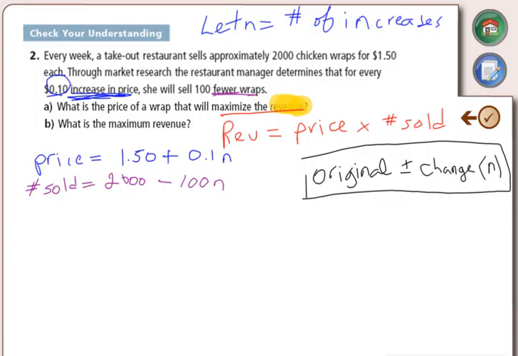Let's go back to that revenue equation in red there. Let's put it in. So our R, revenue, is made up of your price, which we now know is in blue there, 1.50 plus 0.1n, multiplied by that purple stuff, the 2,000 minus 100n.